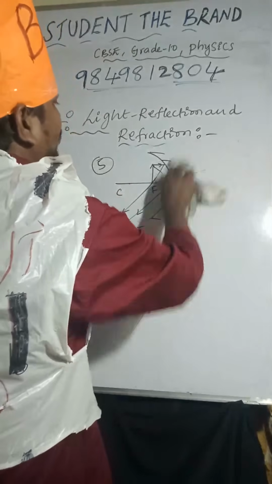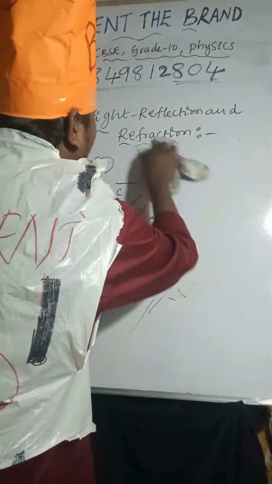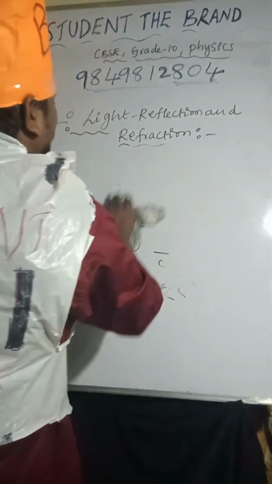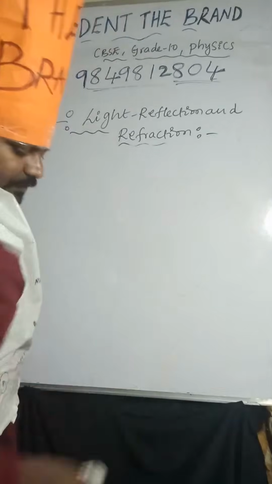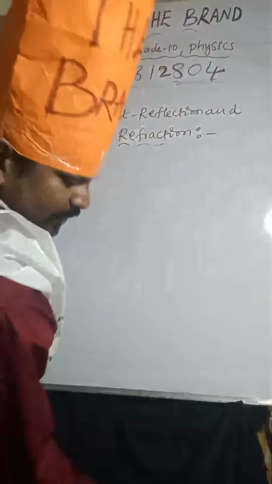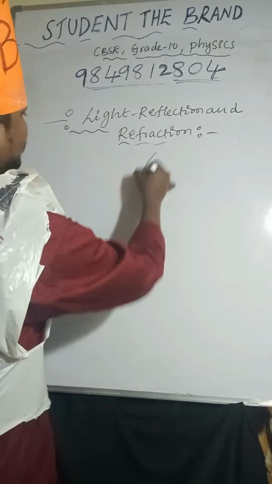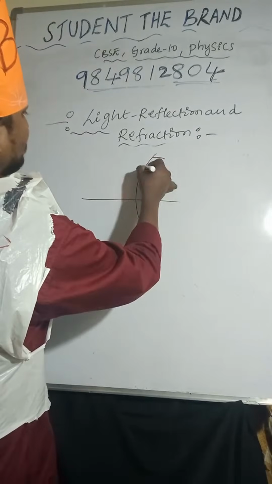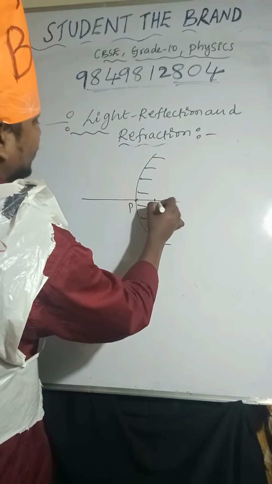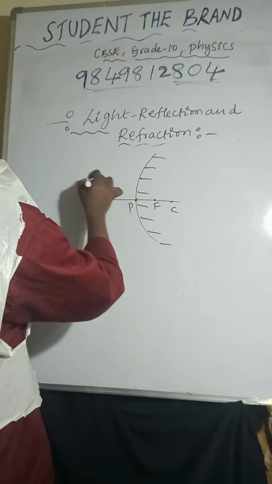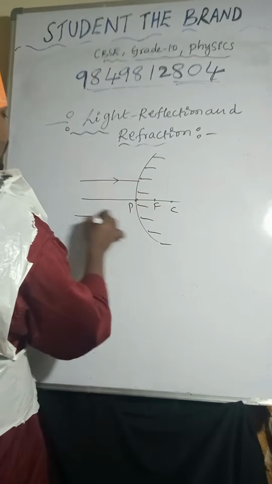Now coming to the convex mirror, only two cases are there. Case 1. Convex mirror, pole, focus and center of curvature. Object is placed at infinity.